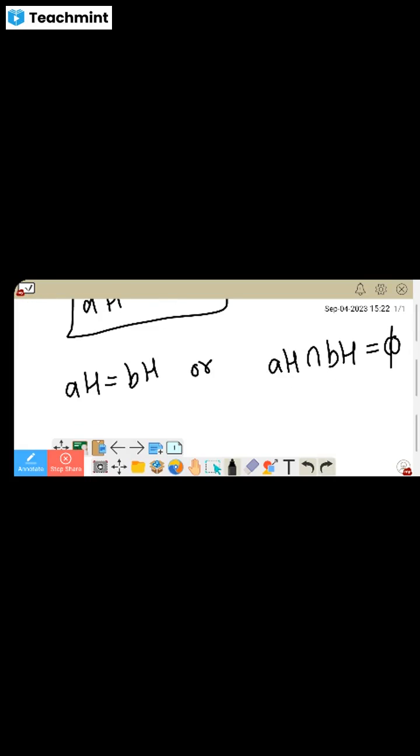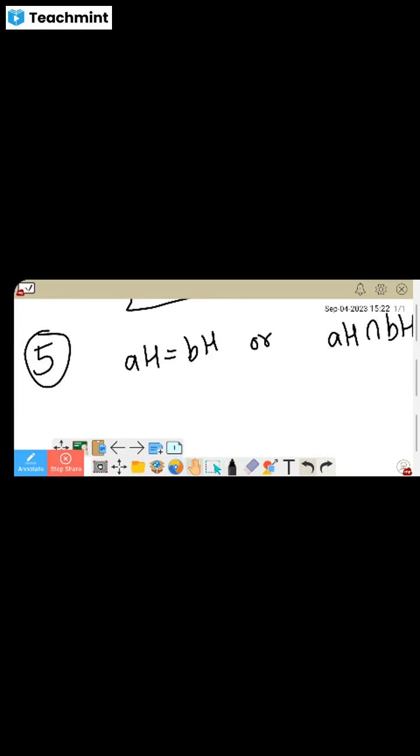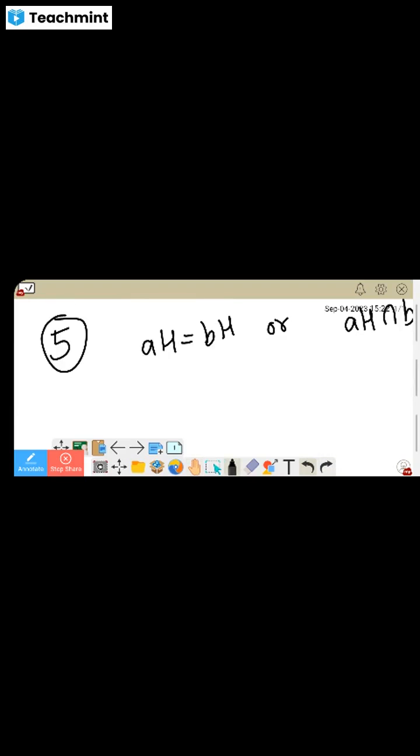Means either they are equal or they are completely different, we don't have any common element. Because we have already proved this condition, suppose AH intersection BH is equal to empty set.